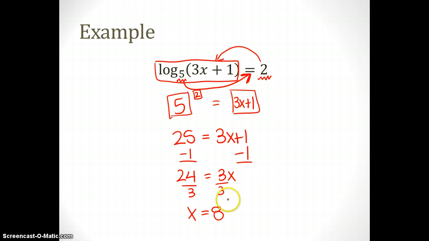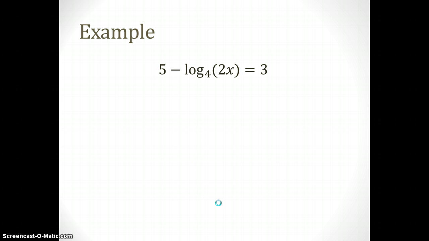So circle our answer there. The only thing that may come up that throws a wrench into the plans is what if the logarithmic expression is not by itself. So you need to think, I'm isolating just the log. Anything else that's included shouldn't be in that particular problem. So how do we isolate the log here?